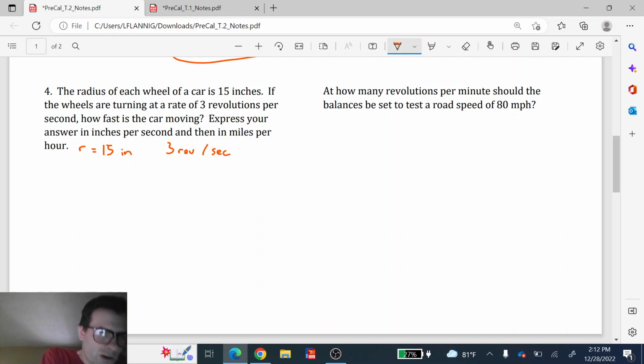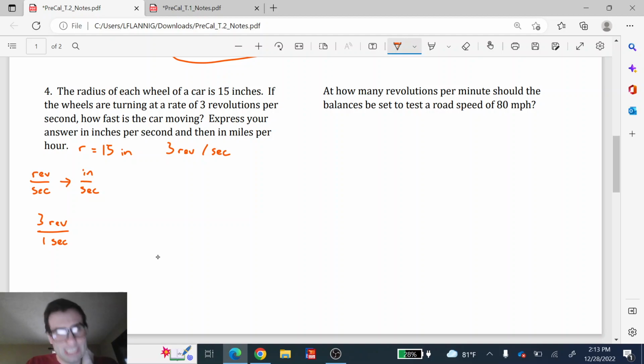So we want to start with revolutions per second, because that's what we're given, and the first thing you want to get to is inches per second. We start with the 3 revolutions per 1 second. And our goal is to first get that revolution into inches.